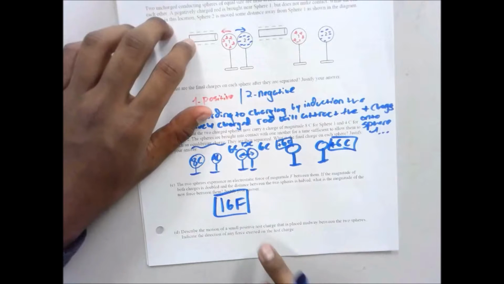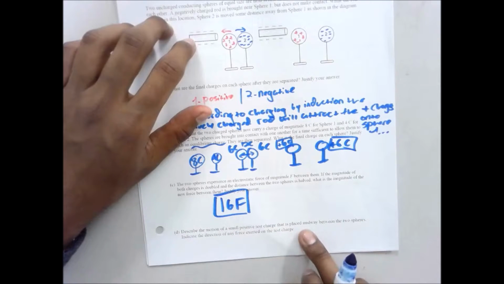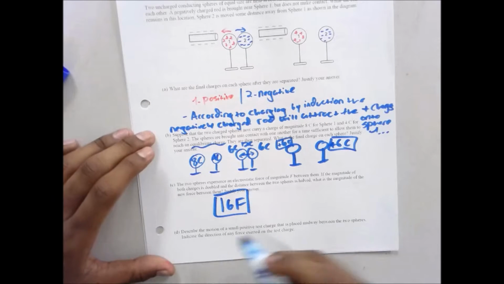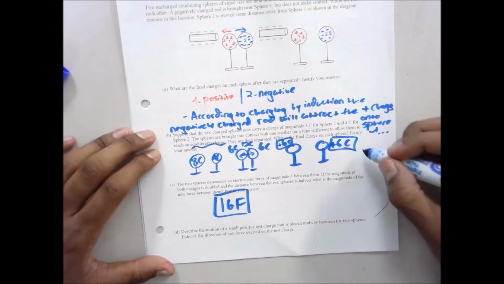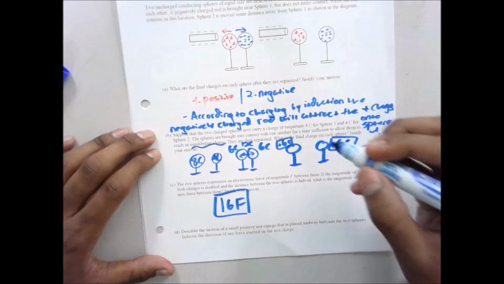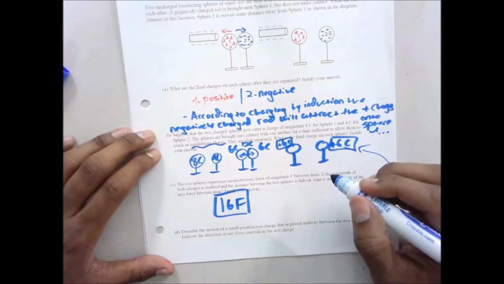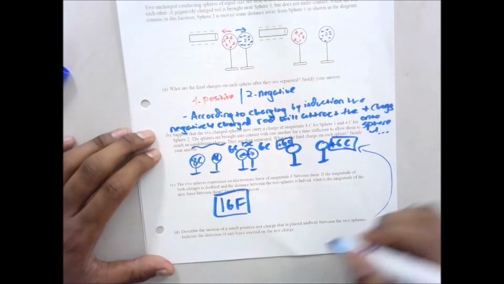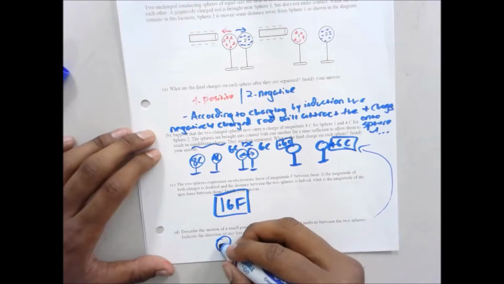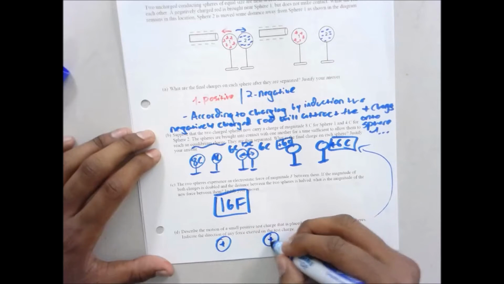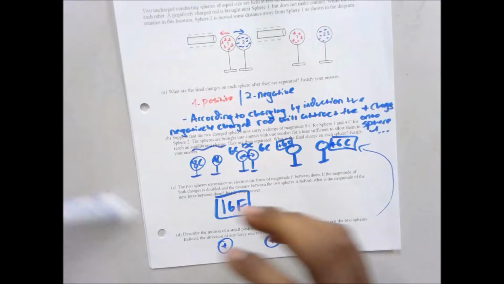Describe the motion of a small positive test charge that is placed midway between the two spheres. Indicate the direction of any force exerted on the test charge. Okay, so this is in reference to this problem over here. If we place a small positive test charge in between two positively charged spheres, then what's going to happen?